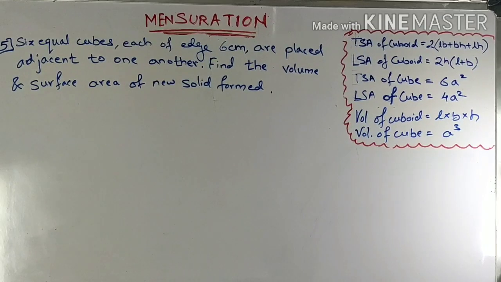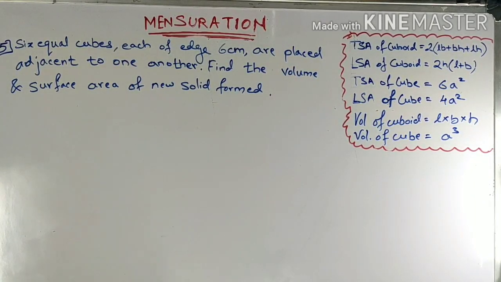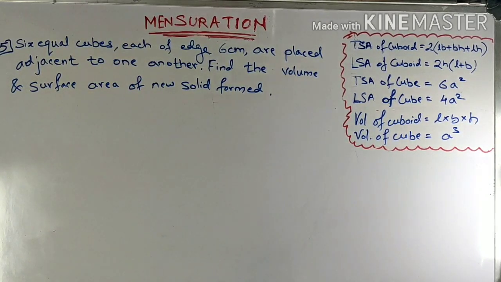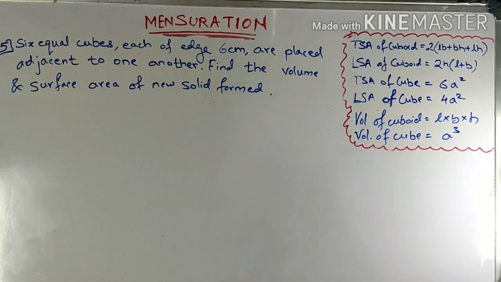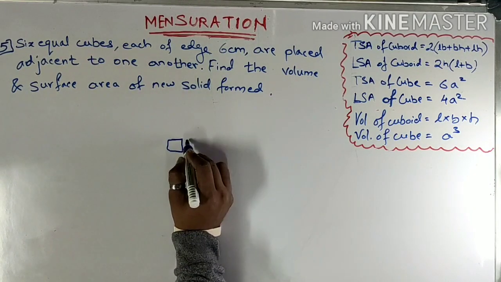6 equal cubes, each of edge 6 cm, are placed adjacent to one another. Find the volume and surface area of the new solid formed. So before talking about this specific case, we'll discuss the ways equal cubes can be placed next to each other.